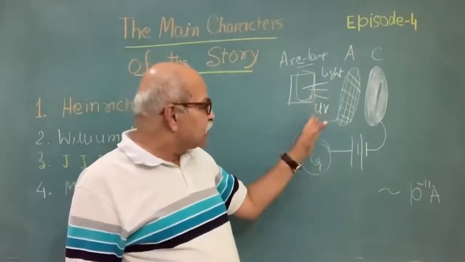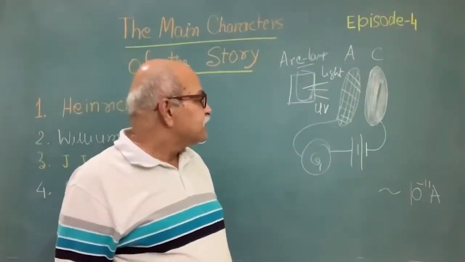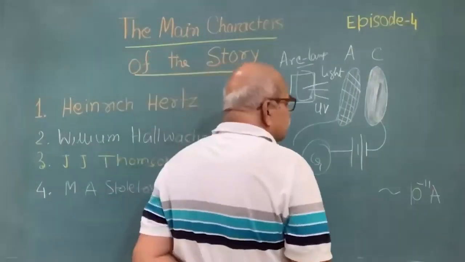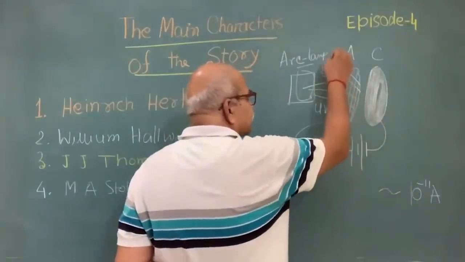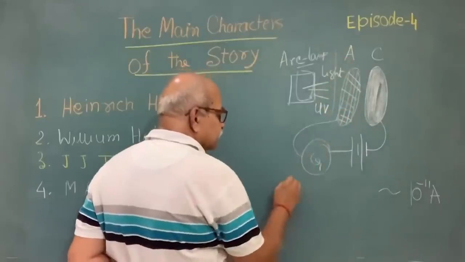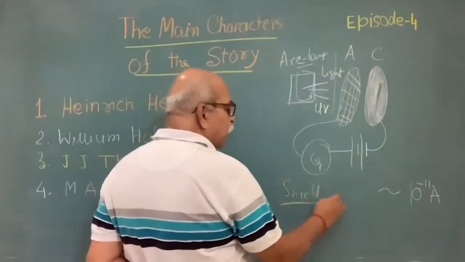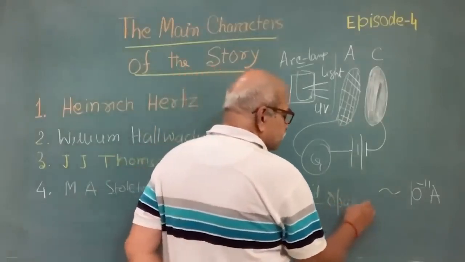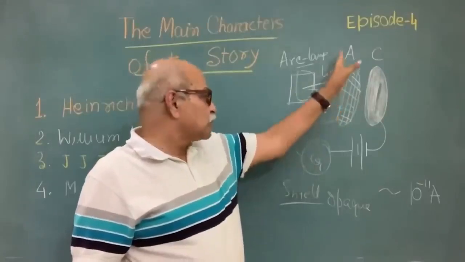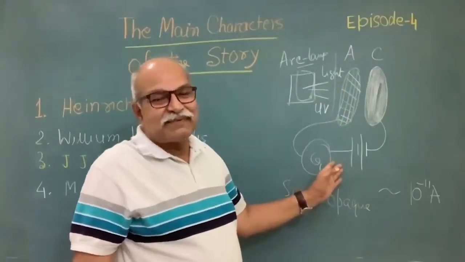In this particular piece of experiment that was reported in 1888, he has done several things. One is putting a screen here, some kind of shield. If it is an opaque sheet, of course, the entire light is blocked, and then there is no current or negligible current.